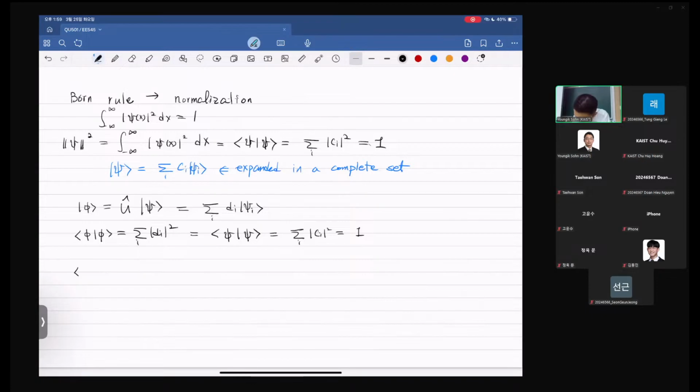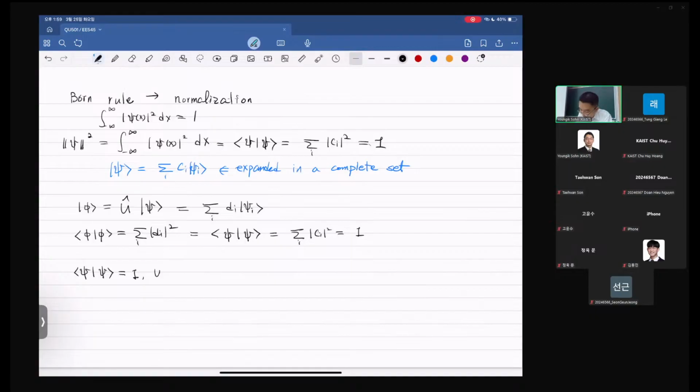So, starting from a proper quantum state whose length is one, a physical one, like an electron, you can apply the Born rule to this quantum state.